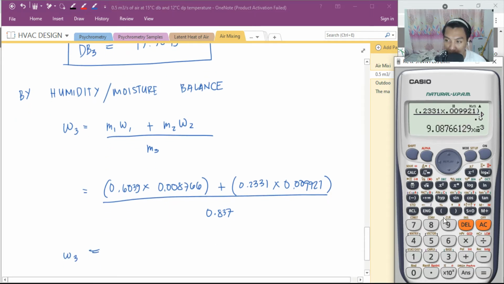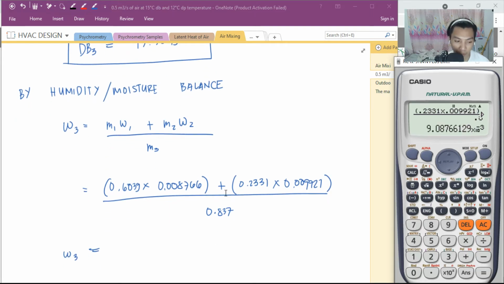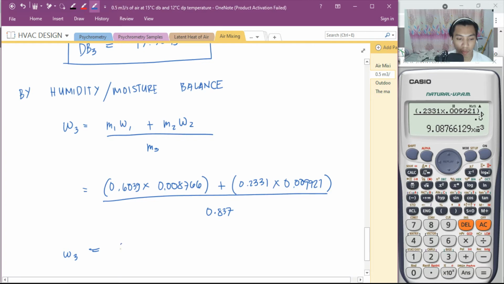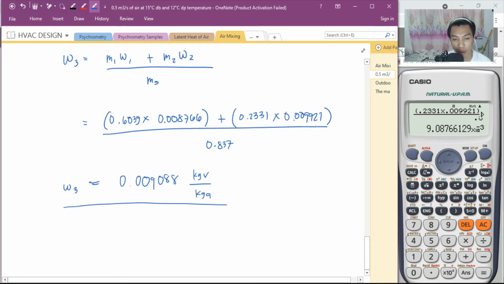So, the specific humidity of the mixture is 0.009088 kilogram vapor per kilogram air. Yun ang unit nun.